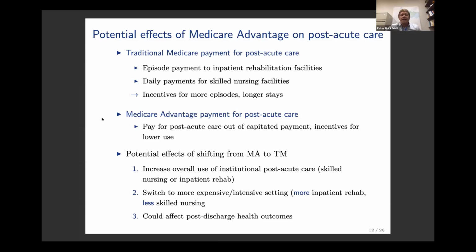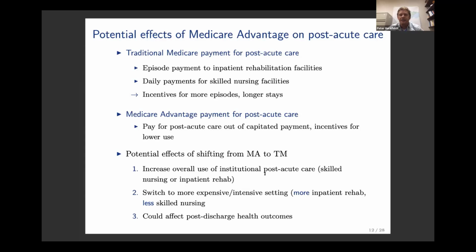And this creates some strong incentives to use less post-acute care because they're keeping the remainder. And so Medicare Advantage plans are contracting individually with post-acute care providers, and they're much more actively managing the use of post-acute care.